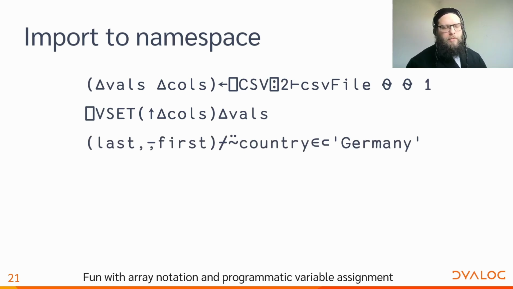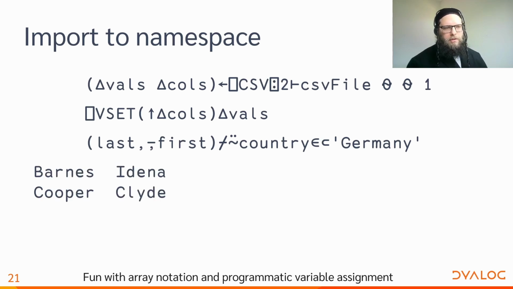Notice there's no reference to the delta table anymore. Last is now a variable that contains all the last names, and first is a variable that contains all the first names. So we can construct a new mini table with 2 columns from those, and then we can filter it just by looking where country is Germany. This is a much neater syntax than what we had before, and that gives us our result.